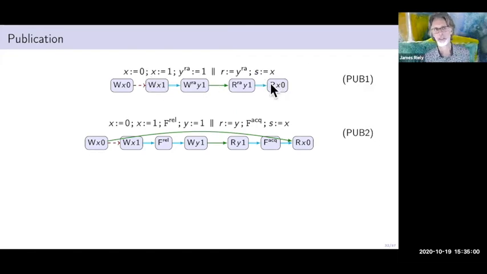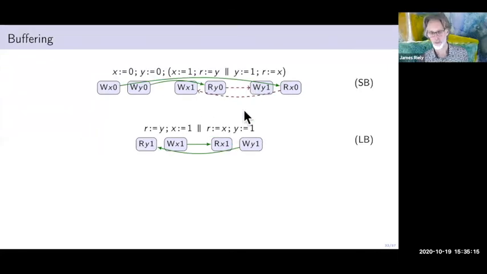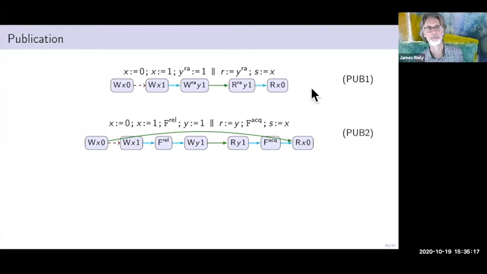So similar to my introductory example. And all it does is introduce this order. The releasing write introduces order from the write of x to the write of y. And the acquiring read introduces order from the read to the subsequent read of x. Okay, and fences behave as you would expect.